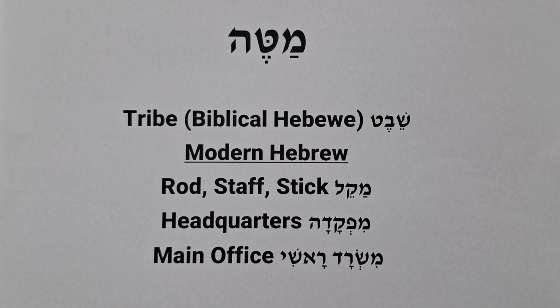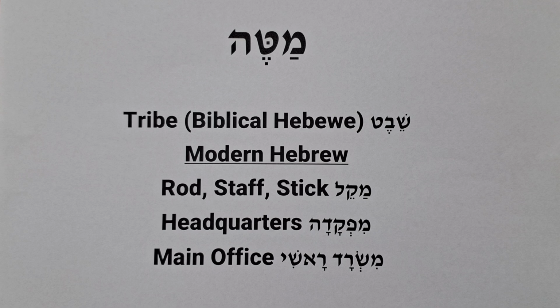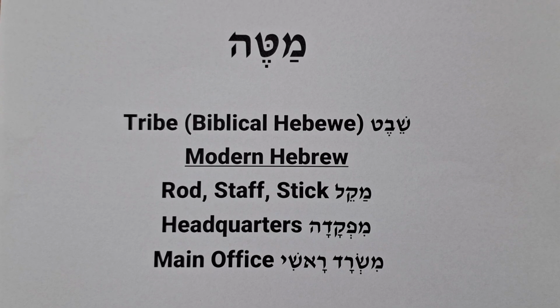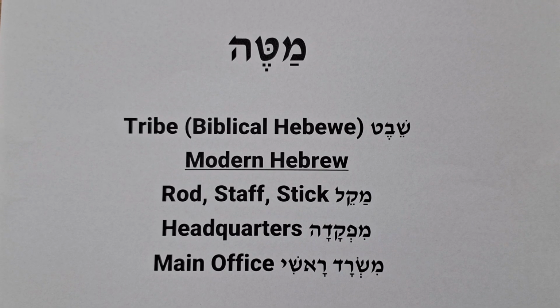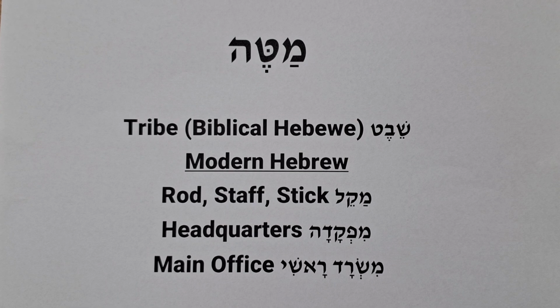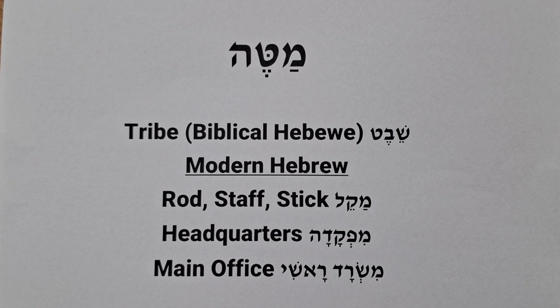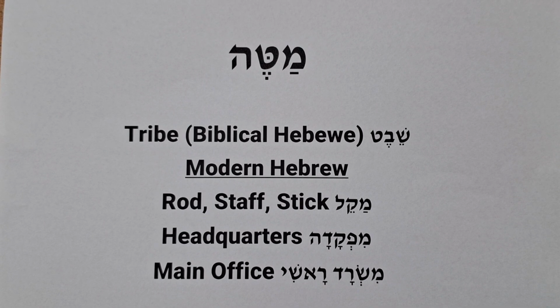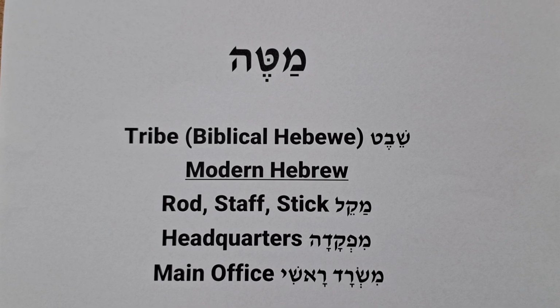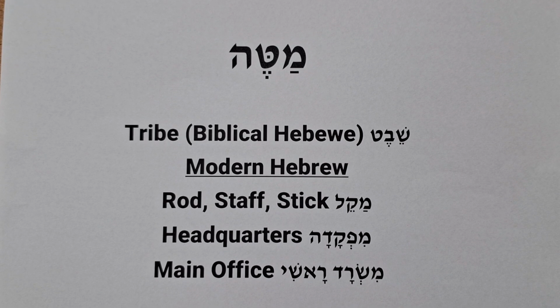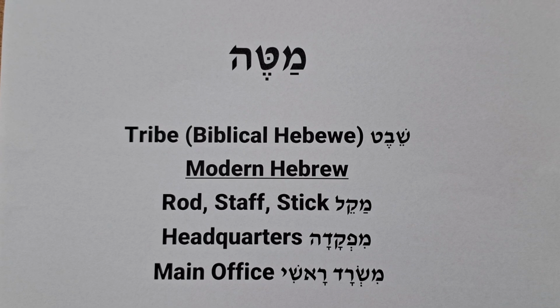And in modern Hebrew, Mate is rod, staff, stick, makel, or headquarters, mifkada, or main office, misrad rashi. For example, Mate Facebook, like the main office of Facebook is Mate Facebook.